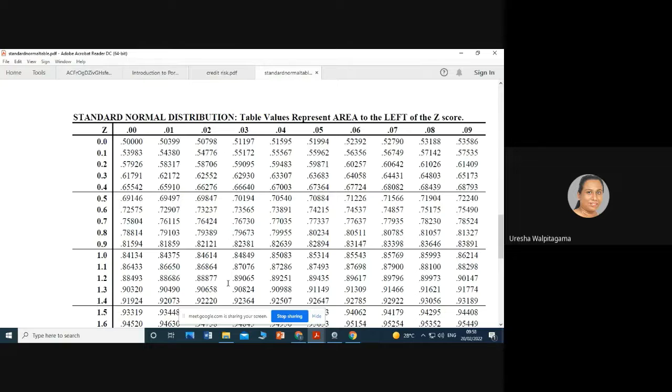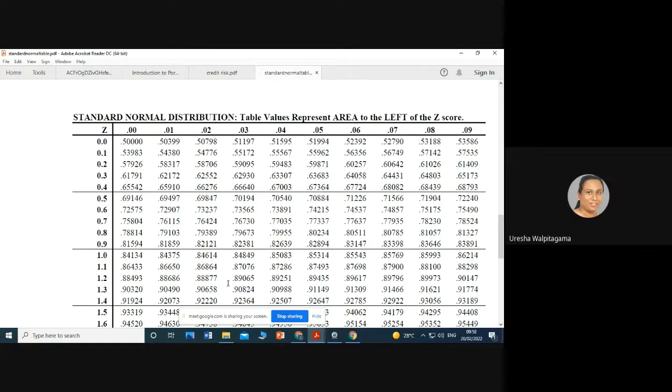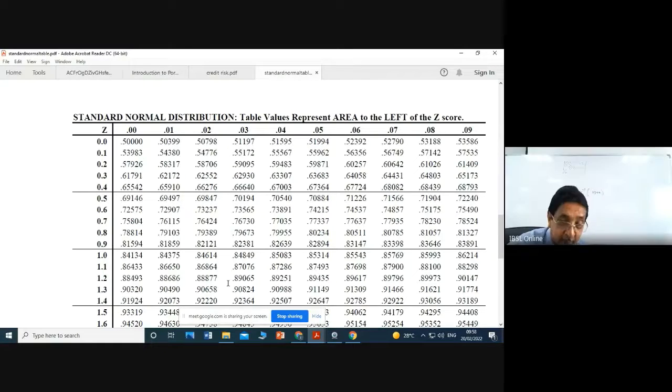So how did you get this 183? That 183 is the value from 0.88877 to 0.8906. That is our figure, no? So that value is 0.00183. You can just check and see.